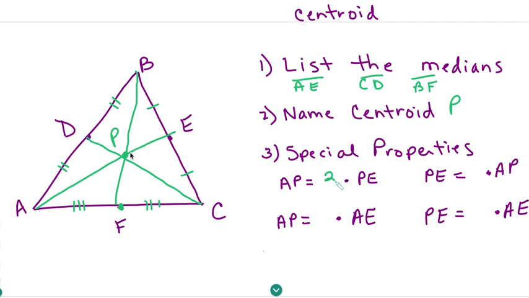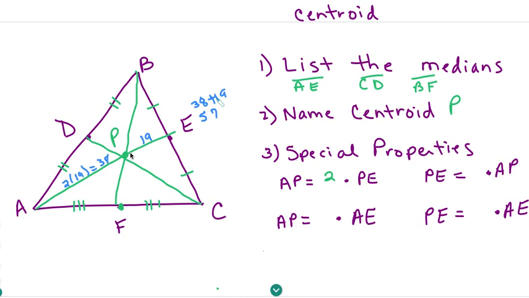So for example, if PE is 19, then AP is going to be 2 times 19, which is going to be 38. If AP is 38 and PE is 19, then AE is going to be 57. And that we did by 38 plus 19. Okay?